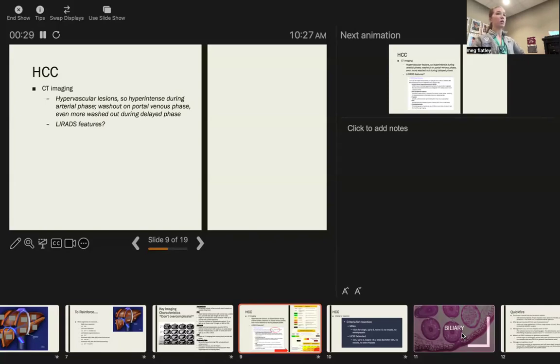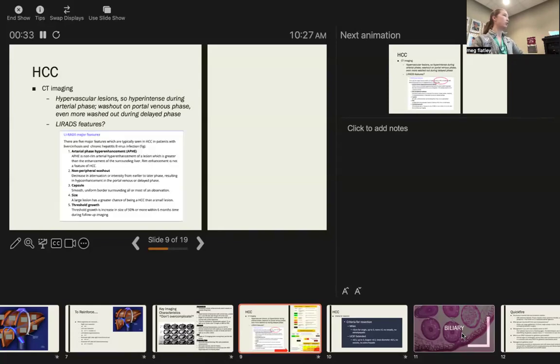LIRADS is a scoring system, so think about BIRADS, TIRADS, LIRADS. And the major features are that there's arterial phase hyperenhancement, which we just talked about, non-peripheral washout. These tend to have a pseudo capsule, so they're kind of well defined. This may be a large lesion. And then there's going to be what's termed threshold growth, but basically these are lesions that will grow.